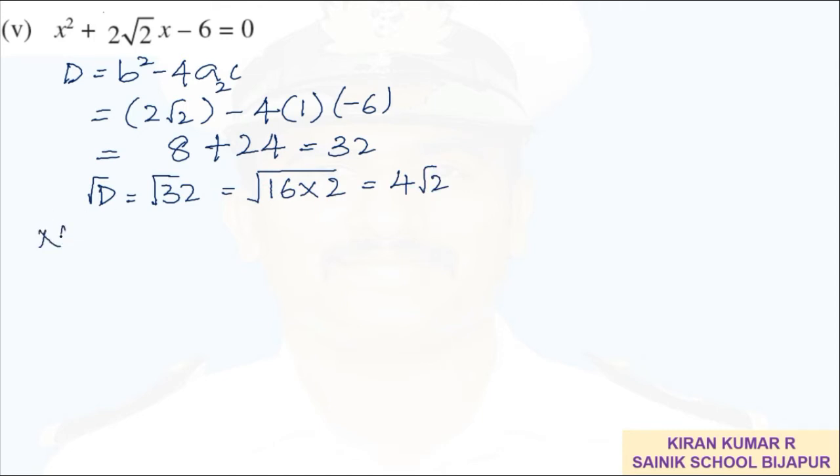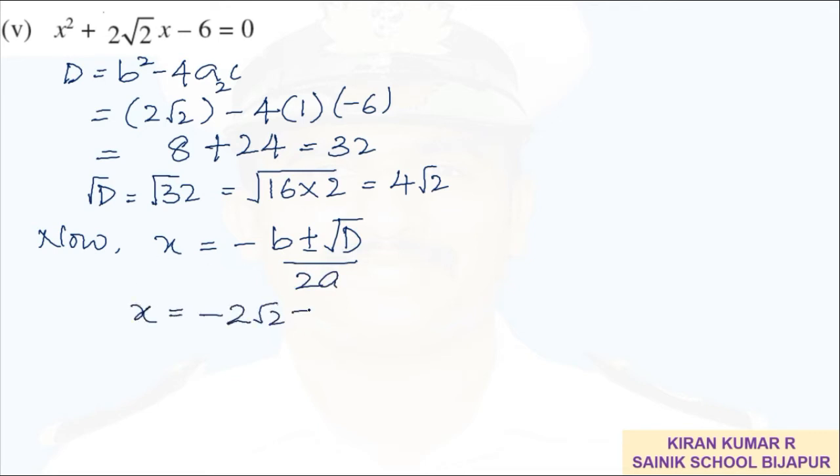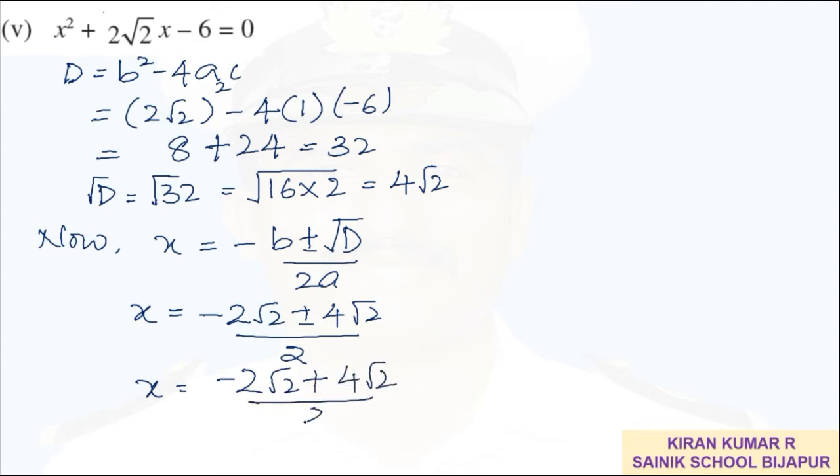So we use the formula x is equal to minus b plus or minus root d by 2a. Substitute now. We get negative 2 root 2 plus or minus 4 root 2 divided by 2. So it means minus 2 root 2 plus 4 root 2 divided by 2 is one root, and minus 2 root 2 minus 4 root 2 divided by 2 is another root.